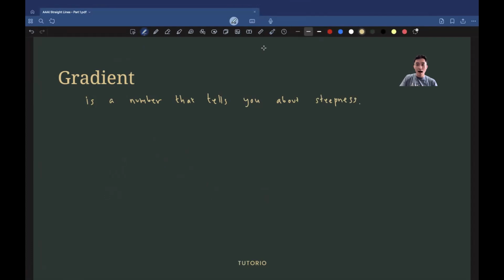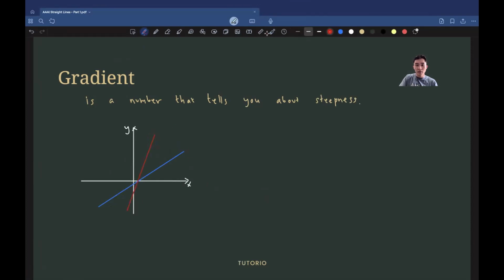So if I have a Cartesian plane, let's make it here. This is the x-axis, and we are going to make the y-axis, right? Let's say we have two lines. I am going to say this is the blue line and this is the red line.